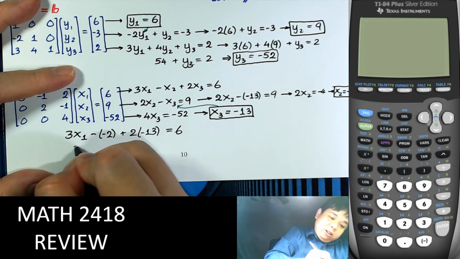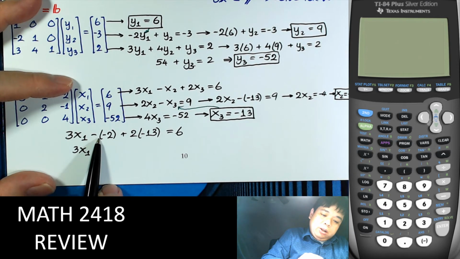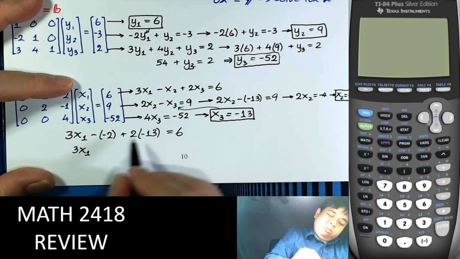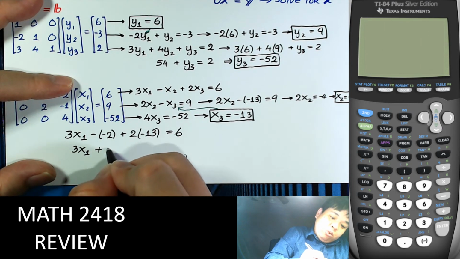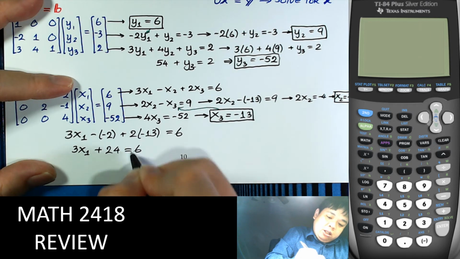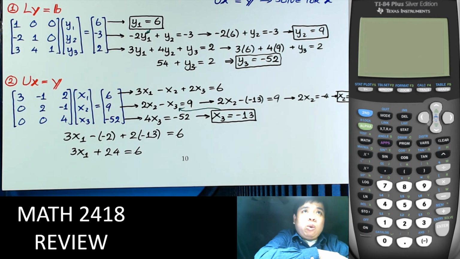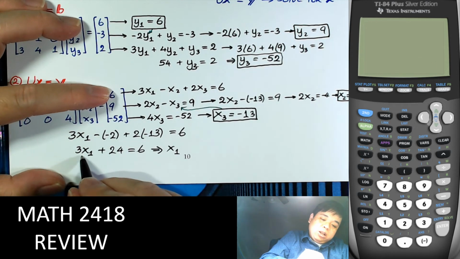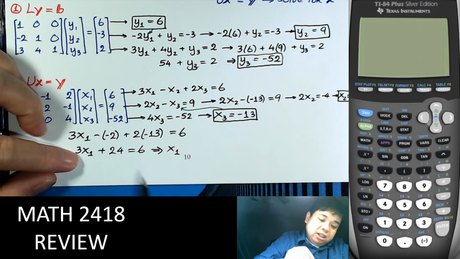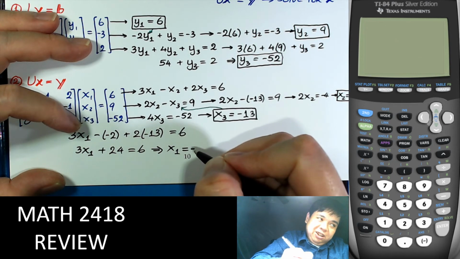So 3x1, 2, and negative 26. So that is 2 minus 26 plus 24 equal to 6. Subtract 24 over, we have negative 18, so x1 is negative 6.